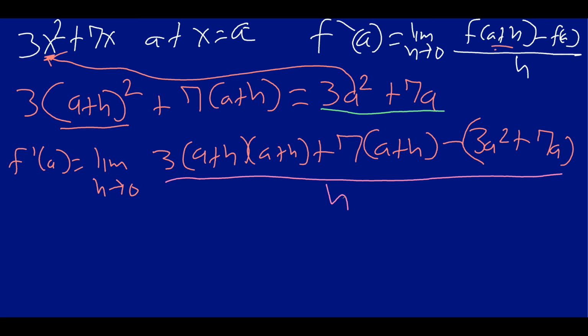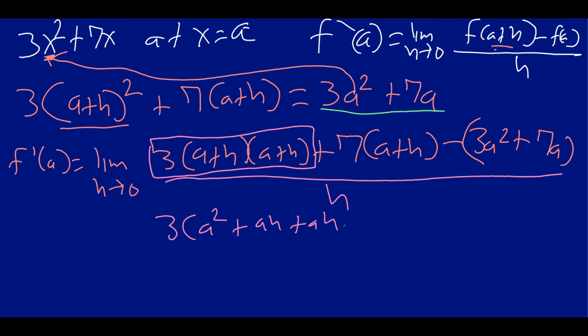Now, if we work this out, we end up with the following. First I'm going to deal with this part by itself. If we work this out using the FOIL method, you end up with a squared plus 2ah plus h squared. And if we simplify that out, we end up with 3a squared plus 6ah.